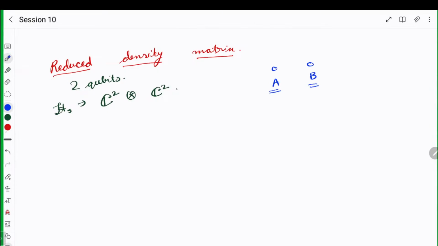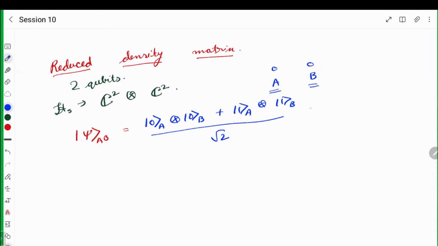And we saw that in such a case, the total state of the system could be entangled. So for example, it could be in some state like this, |0⟩_A ⊗ |0⟩_B + |1⟩_A ⊗ |1⟩_B, right? And we saw that this cannot be written in the form |ψ⟩ ⊗ |φ⟩, and so we called it an entangled state, which is not a product state.